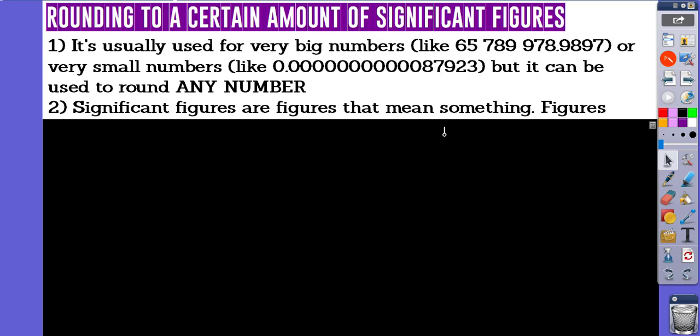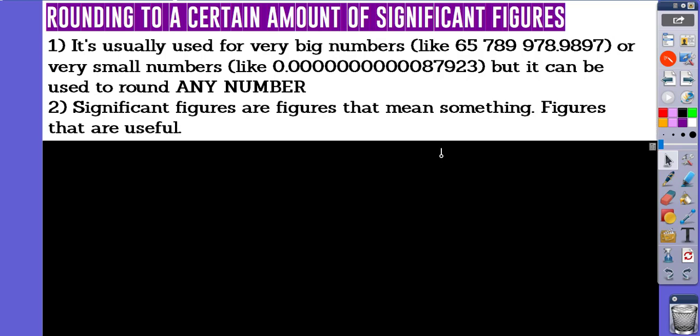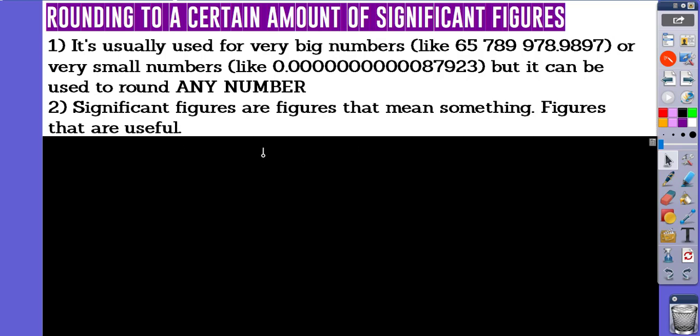This is usually used for measurements in real life, such as chemistry elements and things in biology, atoms, cells, and so on. So significant figures are figures that are useful, that will give you information about the number.